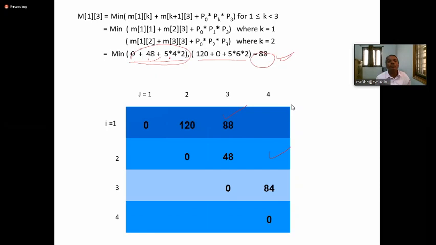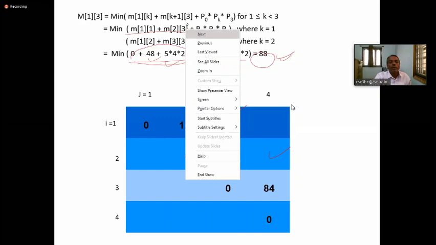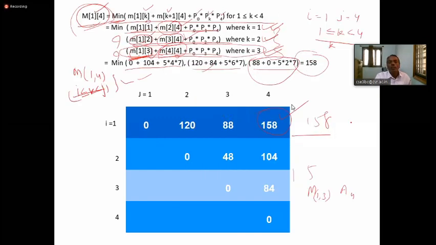88 will come from this. That is nothing but the first one. What is the first one? 1 to 1 you have to multiply, and 2 to 3 you have to multiply. That means here you may get 1 to 3, A4 is like this, M1 to 1, this is M2 to 3.